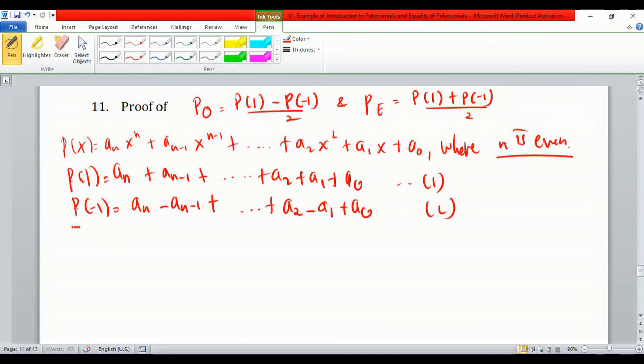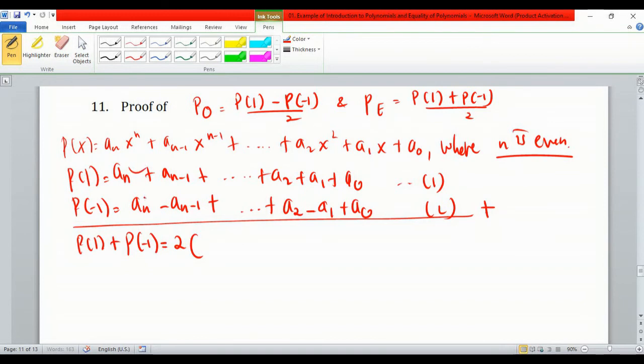So we want to add them. When we add P(1) plus P(minus 1), this is equal to 2 times, adding a_n, and the odd terms cancel.